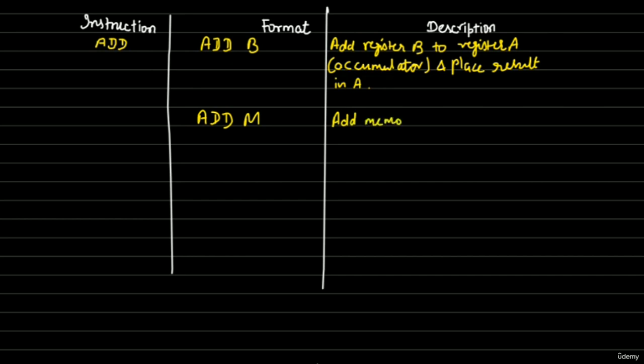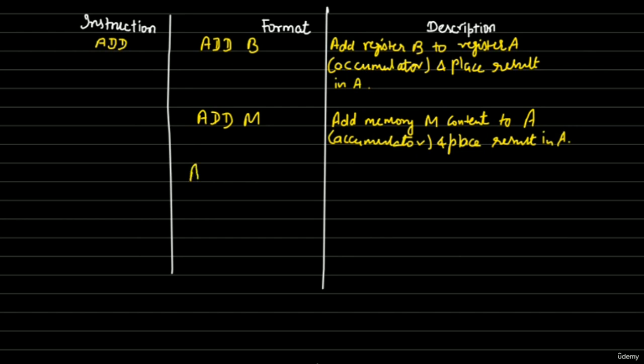Add the memory M content, whichever content is stored, a picture, a movie, data, or a doc file, whatever you like to call it, to the accumulator A, and place the result in A. The reason we use the word accumulator is that it gathers or collects every data, and according to the accumulation it shows us the result. That's how it happens.